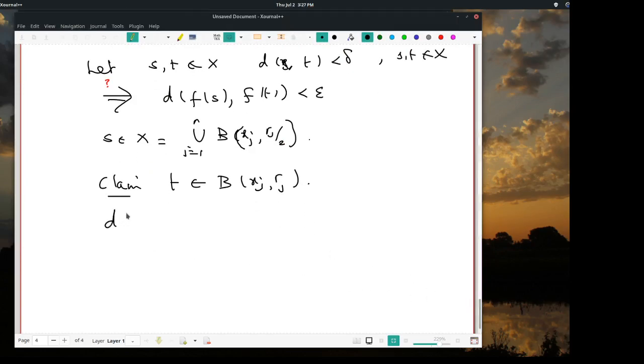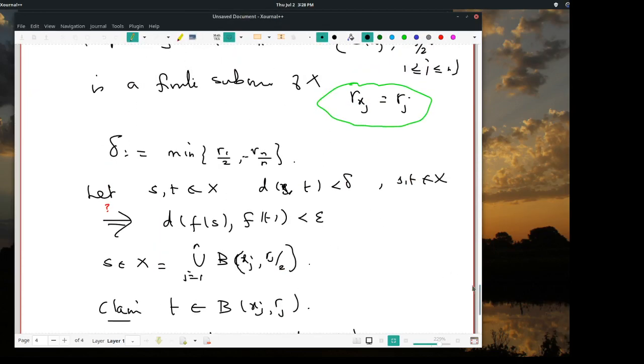Because the distance between t and xj I want to estimate. That is going to be at most the distance between t and s plus the distance between s and xj. But this is by assumption less than delta, and this is by assumption less than rj by 2, but delta is the minimum of r1 by 2 and so on.